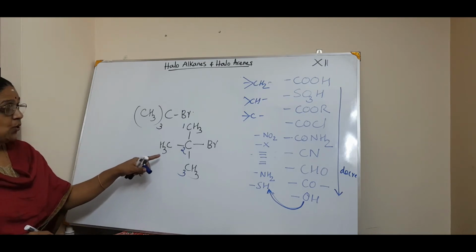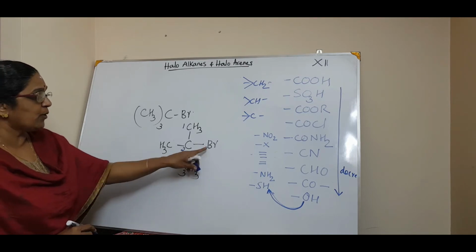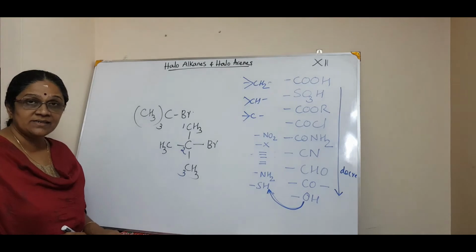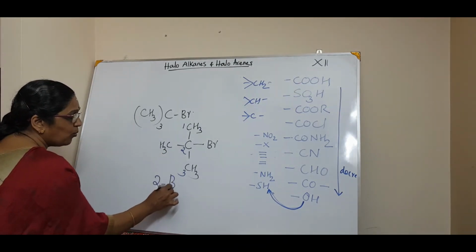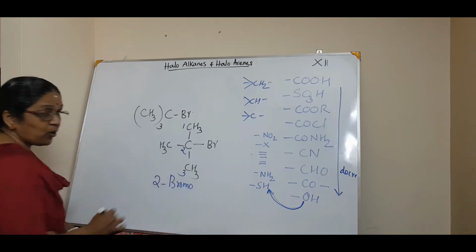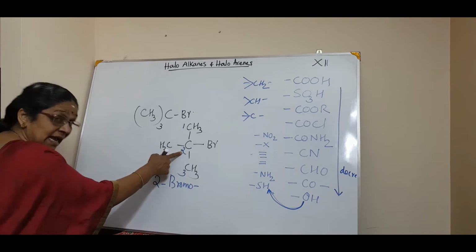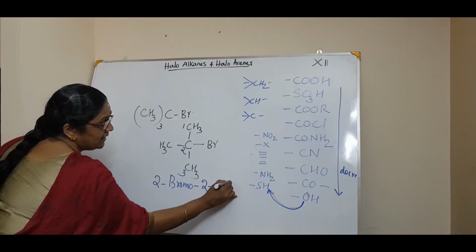So it will be 2-bromo, 2-methyl propane. Am I right? 2-bromo, then again a hyphen. On that carbon atom itself, it is methyl. 2-methyl.